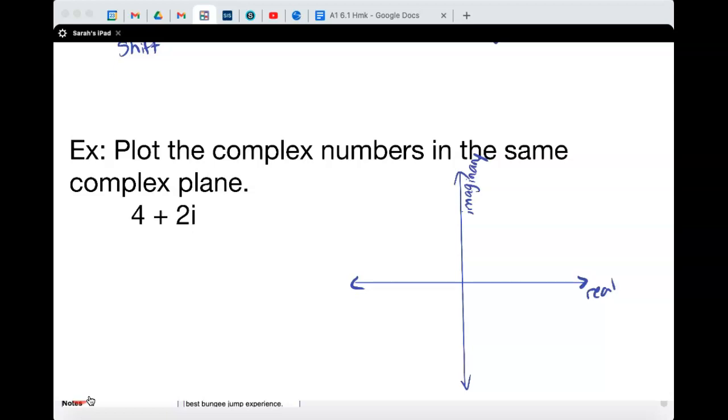What direction am I moving? Right. Okay, so 1, 2, 3, 4. And then 2i is only up 2. So 4 plus 2i is right there. That's all it is.